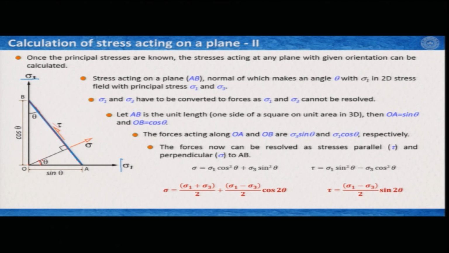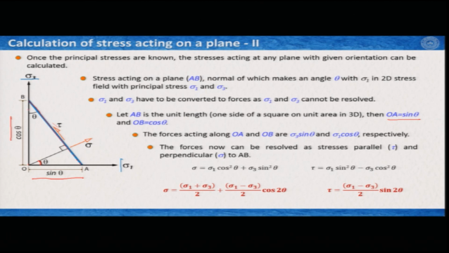Now we have to figure out what is the shear stress and what is the normal stress acting on the plane. Clearly you cannot resolve it directly, so we have to first convert these stress components to force components. If we consider AB is the unit length, then OA would be sin theta and OB would be cos theta.